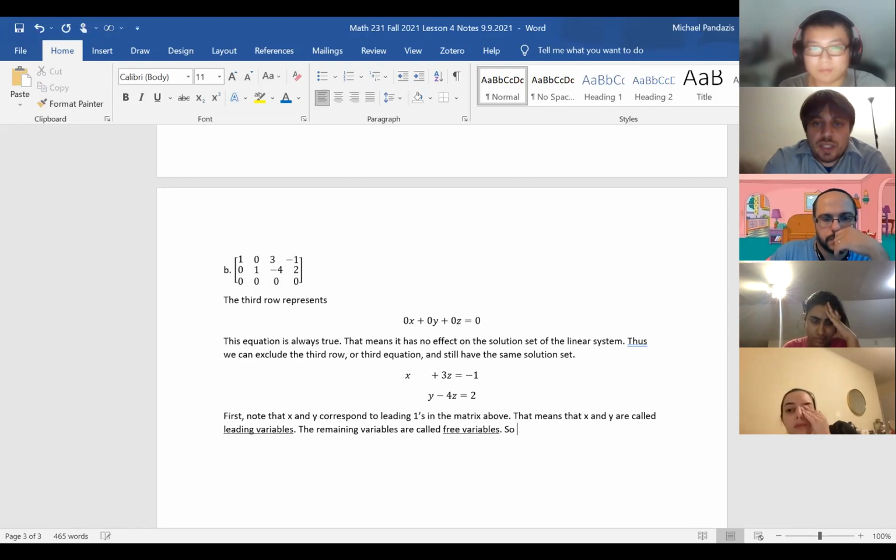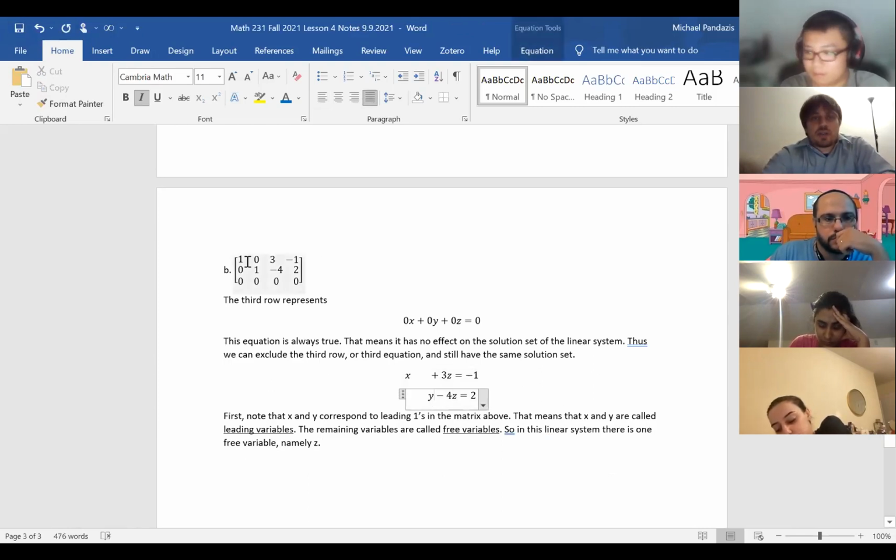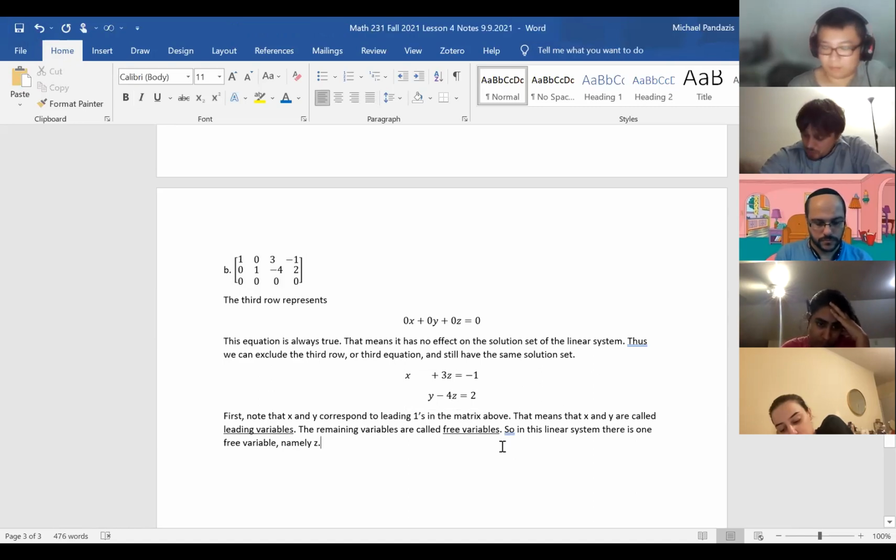In this linear system, there is one free variable, namely z. x and y correspond with leading ones, so x and y are leading variables. z does not correspond with a leading variable. The third column does not have a leading one in it, and so z is a free variable.